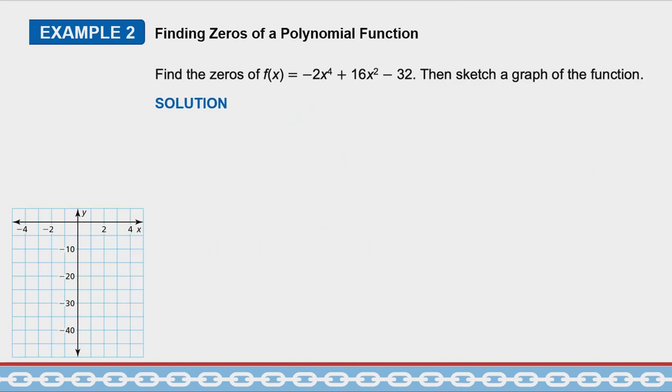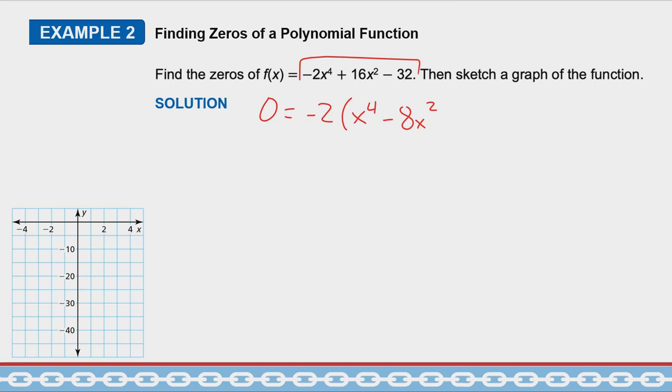So for example 2, when we are asked to find the zeros, we want to know when 0 equals this, and then we're going to start working to factor all of this. So I'm going to try to factor out a negative 2. And that gives me x to the 4th minus, negative 16x squared divided by negative 2 would be negative 8x squared.